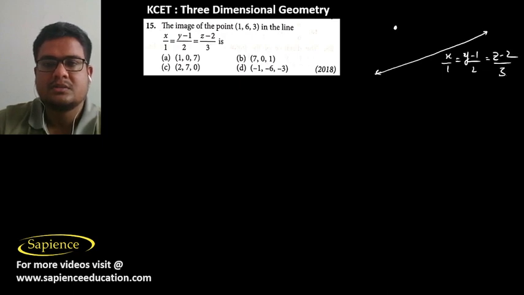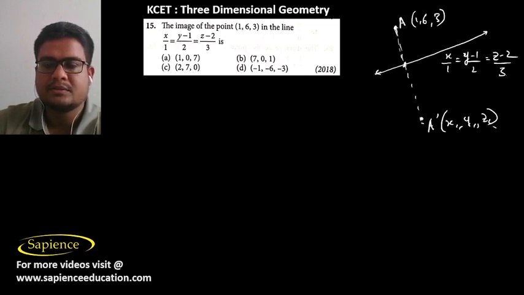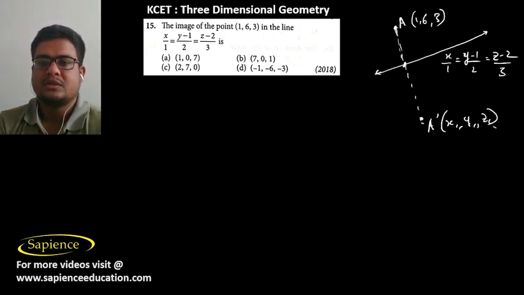Here is one given point A (1, 6, 3), and whose image on this line is A dash, which we have to find, x1 comma y1 comma z1. It means that the midpoint of A and A dash will lie on the line.